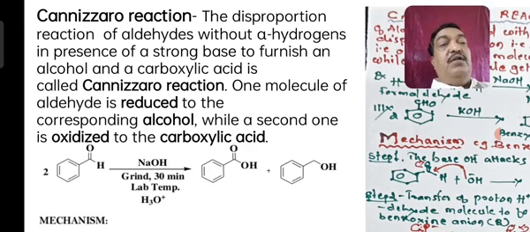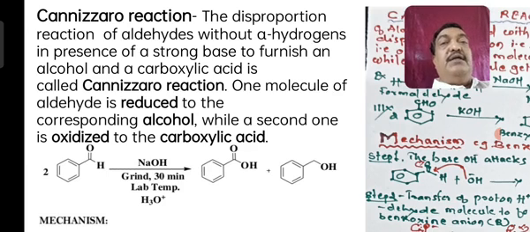One is alcohol, another is acid. So here oxidation and reduction are simultaneously occurring. That is why this reaction is called the Cannizzaro reaction. Particularly, it is occurring in a disproportionation way.